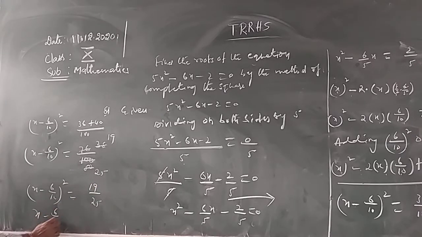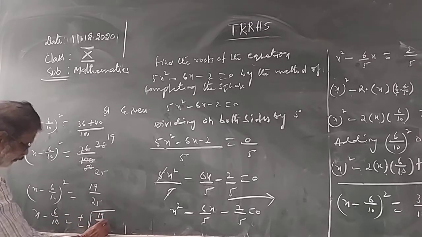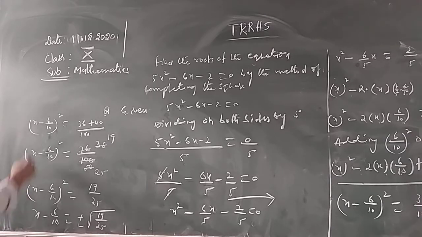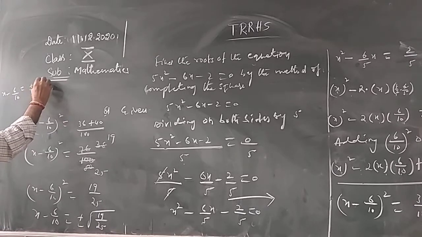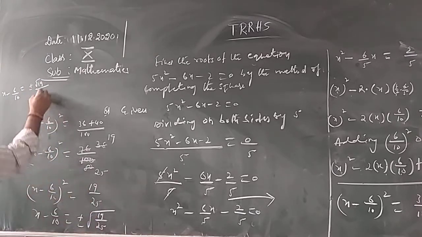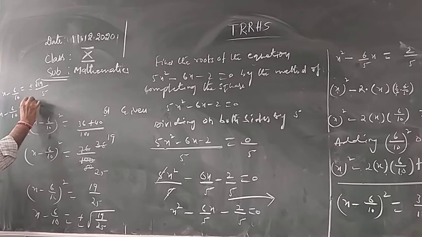So x minus 6 by 10 is equal to plus or minus root 19 by 10. Like this, x minus 6 by 10 is equal to plus or minus root 19 by square root of 25, which is 5. You take first plus: x minus 6 by 10 is equal to plus root 19 by 5.